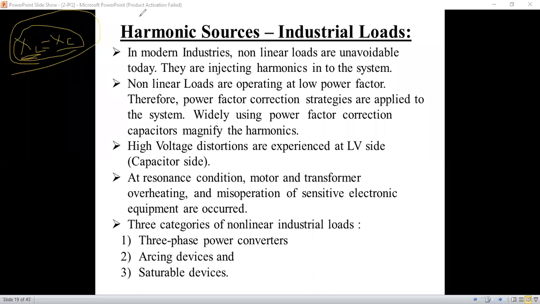Roll number 19. Dipali Medkar. Yes, sir. XL equals what? 2 pi FL. Okay. Sagar Banase, roll number 30. Mahesh Dongre. If you are not ready to reply for the third time, I will mark you absent.